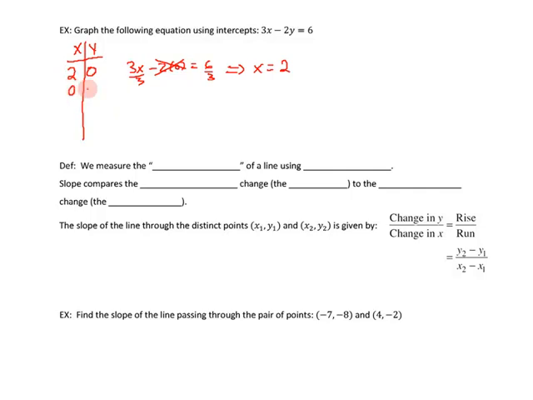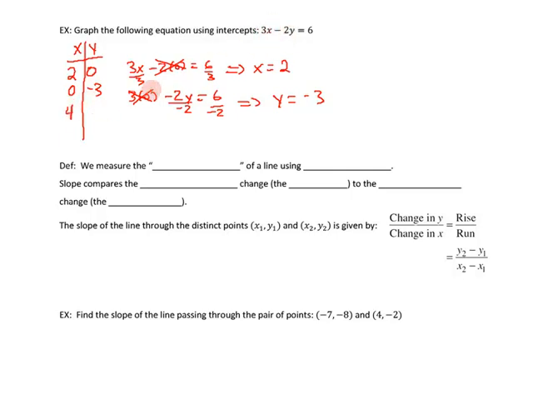If I set x equal to 0, I'll have 3 times 0 minus 2y is equal to 6. That drops out. Divide both sides by negative 2. I end up with y is equal to negative 3. Let's say choose a value for x. If I plug in things like 1, 2, or 3, I think I end up with fractions involved.